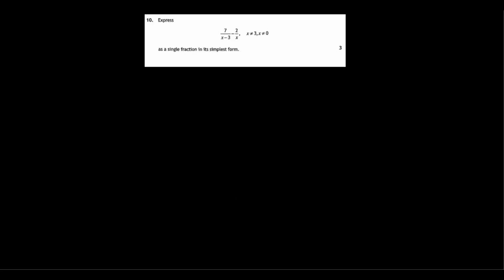Express 7/(x minus 3) minus 2/x as a single fraction in its simplest form. So we can just cross multiply to simplify the fraction, and that's known as the kiss and smile method, because this is the kiss, this is the smile.